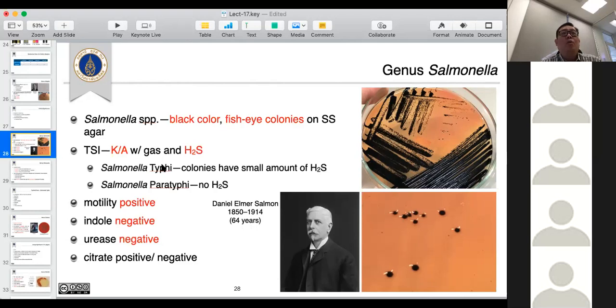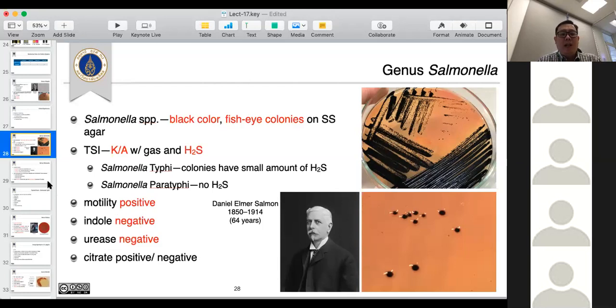But for biological species, Salmonella has 2 species. The important species of Salmonella is enterica. So we do not call it Salmonella enterica typhi, it is quite long. People use Salmonella typhi, but typhi does not need to be italic because it is not a species name. Okay. Motility positive, indole negative, urease negative.